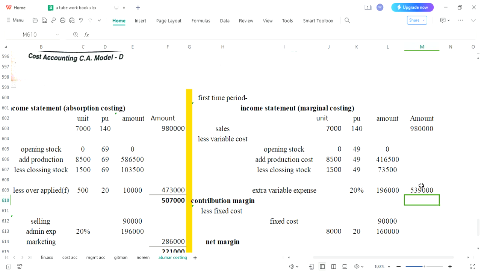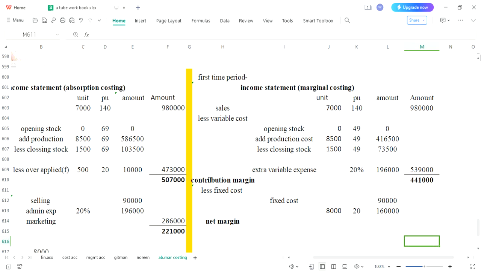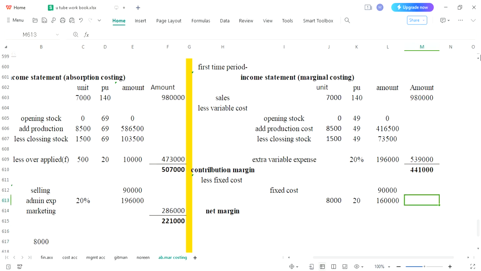We are free to calculate contribution margin, which is difference between VC and sales. Amount of sale 980, subtract variable cost 539. So we have got our contribution margin. Now we will calculate our fixed cost, which does have two elements, 90,000 and 160,000. Fixed cost is calculated. We will calculate now net margin, which is difference between fixed cost and contribution margin.